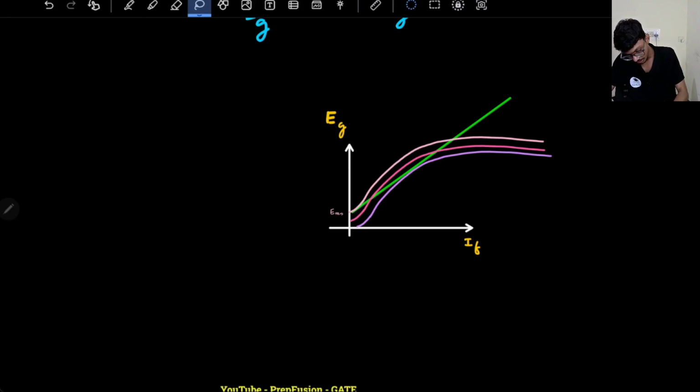Yeah, this will work. So what is happening here, right? Basically the speed is reducing.